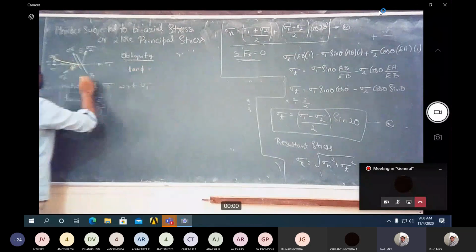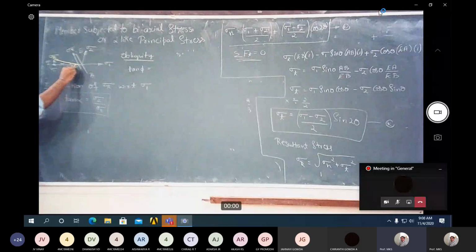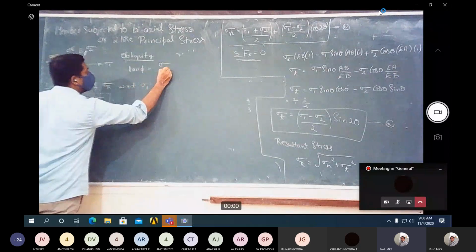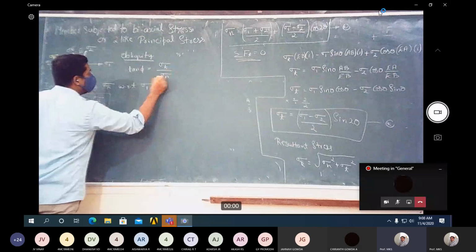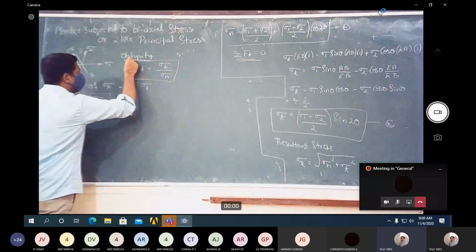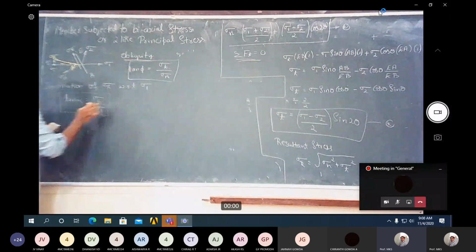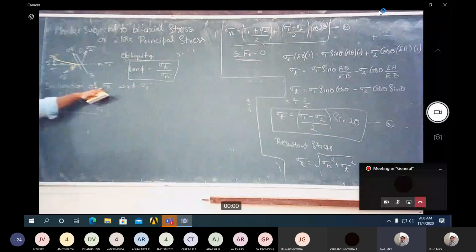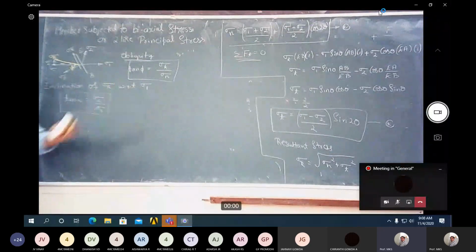Tan phi is equal to, so this is the inclination phi with respect to the normal stress and tangential stress, that is equal to sigma t by sigma n. This is similar to what I wrote in the last derivation. There is no change. This is one additional thing: the inclination of the resultant with respect to the principal stress.